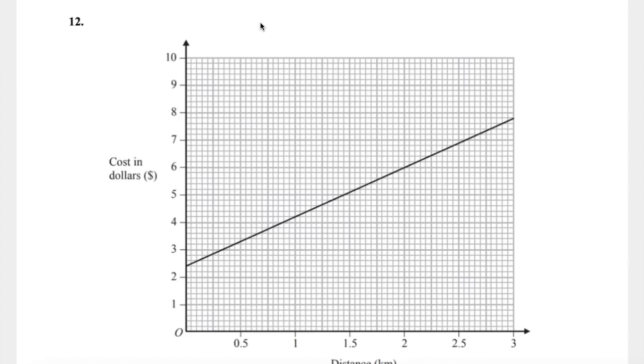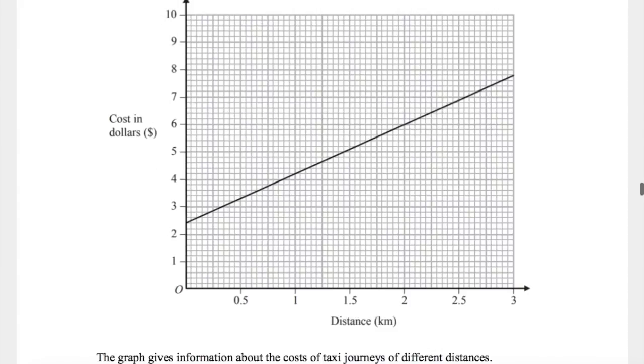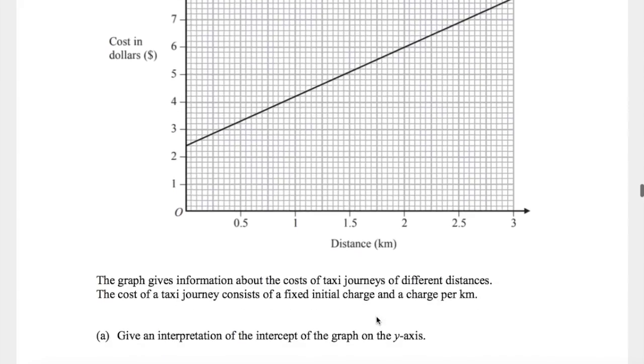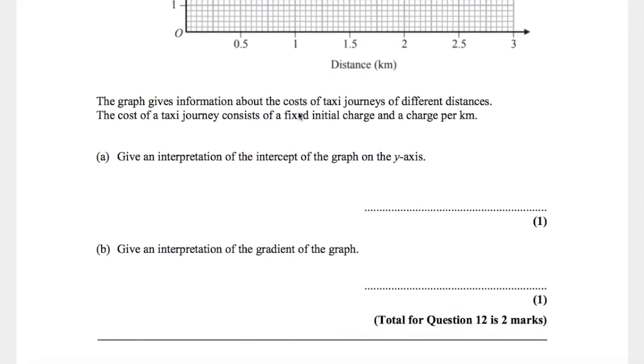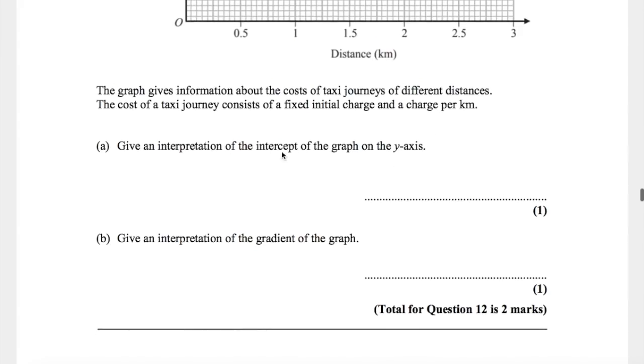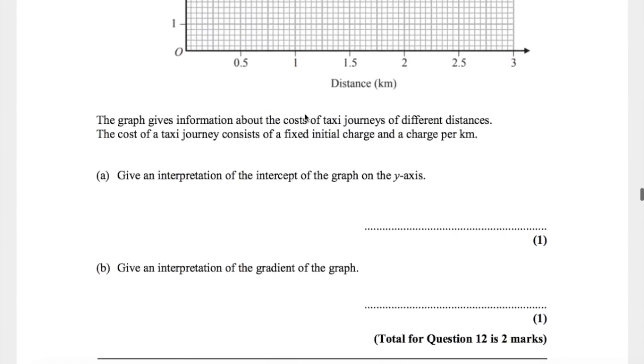Question 12 gives us a graph where on the y-axis we've got cost in dollars and on the x-axis we have distance. And part A says the graph gives information about the cost of taxi journeys of different distances. The cost of a taxi journey consists of a fixed initial charge and a charge per kilometer. Give an interpretation of the intercept of the graph on the y-axis.